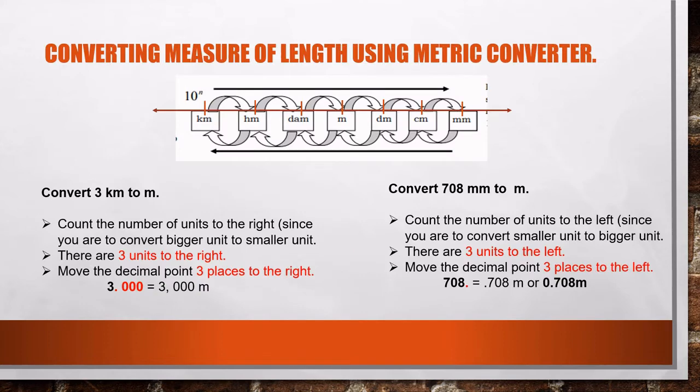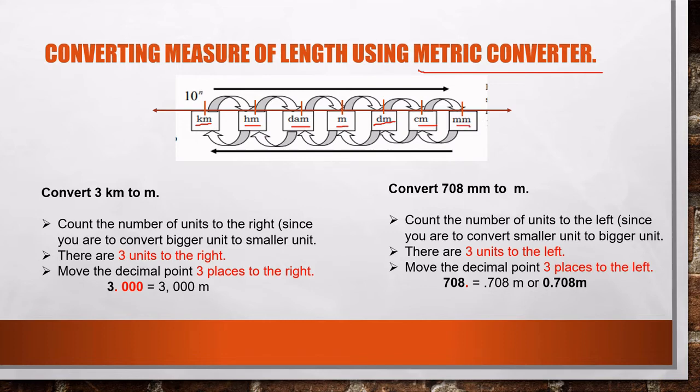Okay? How are we going to convert measure of length from one unit to another unit? So in this lesson, we will make use of the metric converter. So this is how the metric converter looks like. It is divided into 7 units: the kilometer, hectometer, decameter, meter as the basic unit, decimeter, centimeter, and millimeter.